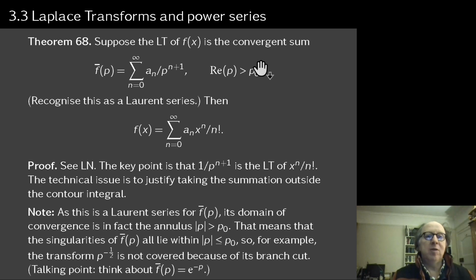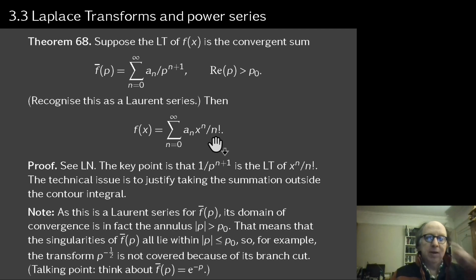The theorem that tells you this says if f bar of p is the sum of a_n over p to the n plus 1, the particular form here chosen because we know that the inverse of 1 over p to the n plus 1 has to do with x to the n. So if f bar of p is given in this form, then f of x is the sum of a_n x to the n divided by n factorial.